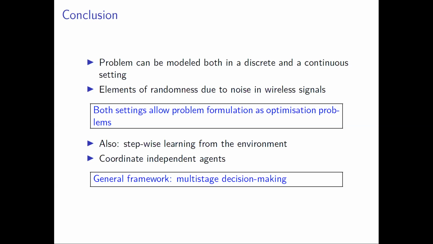Thanks. Jörg, would you like to say something about the general setting of these problems within the wider context of standard operations research problems? Yeah, so basically we formulated the whole problem as a multitude of optimization problems, either fully in the discrete domain or fully in the continuous domain. One can also imagine mixed models with a mixture of continuous and discrete variables, say a mixed urban and rural environment.